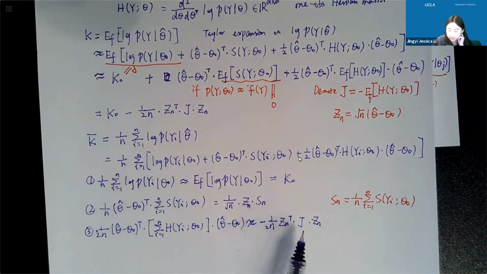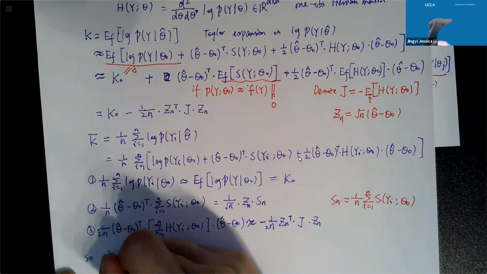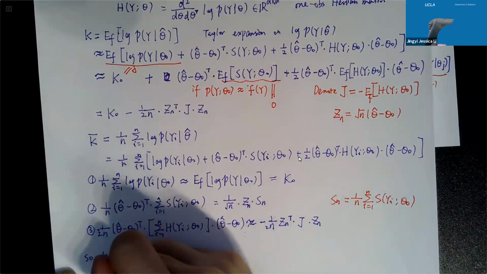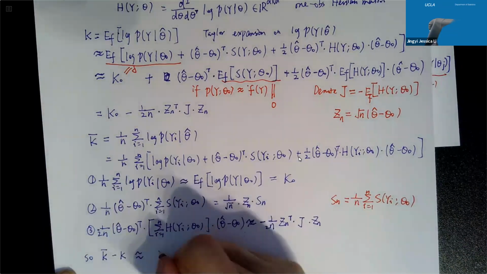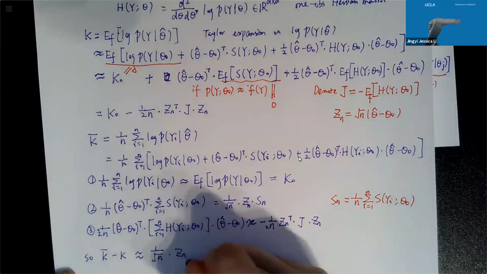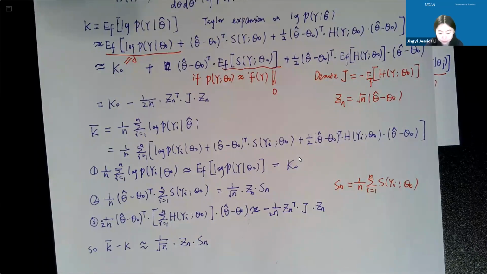Now we have made K and K bar really similar to each other, and K bar just has this additional term. So after all these approximations, K bar minus K is approximately just 1 over root n times Zn transpose times Sn. We just want to simplify the difference as much as possible.